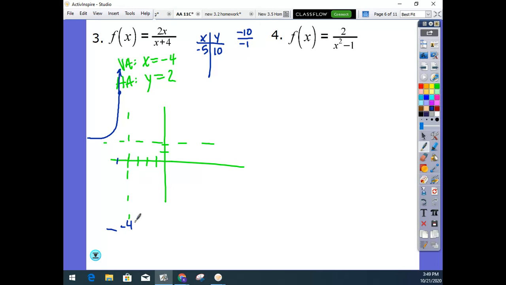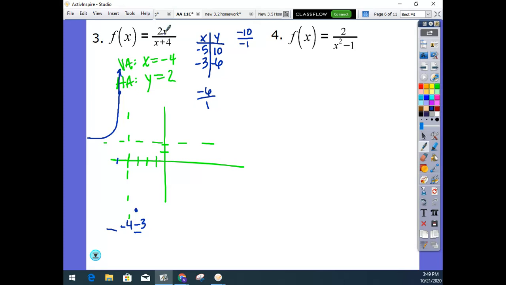Now I'm also going to plug in -3, that's to the right of my asymptote of -4. If I plug -3 in, that's -6 over +1, which is -6. So -3, -6 stays down here. What would be my x-intercept?